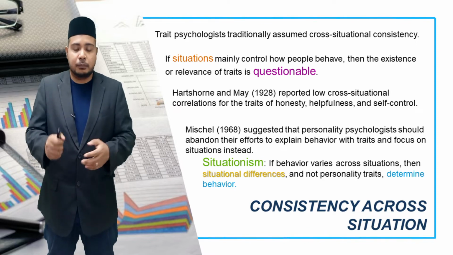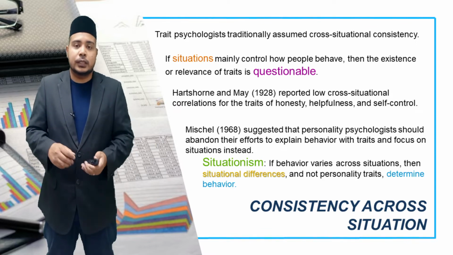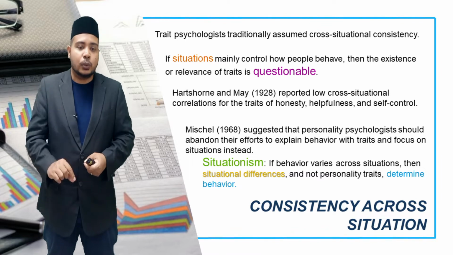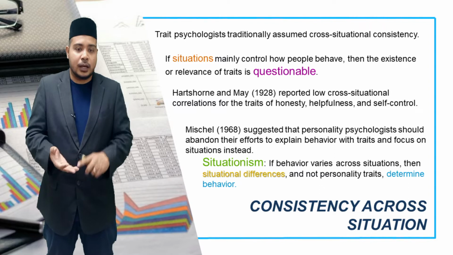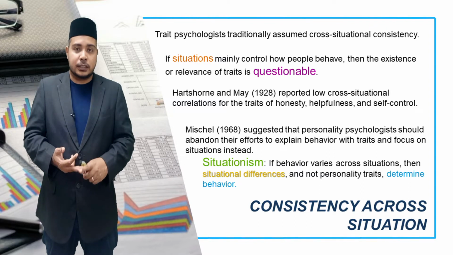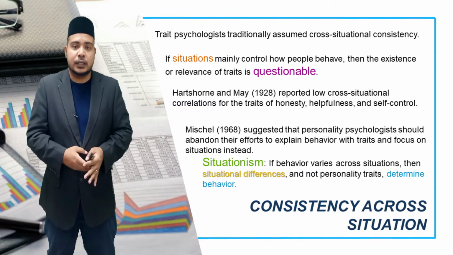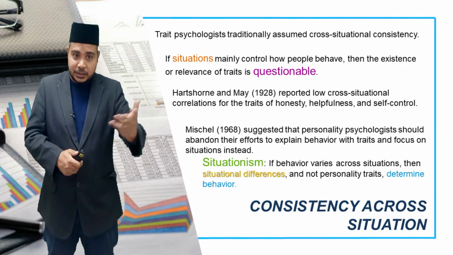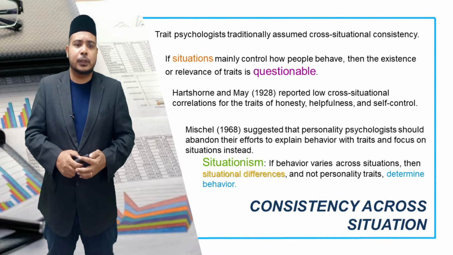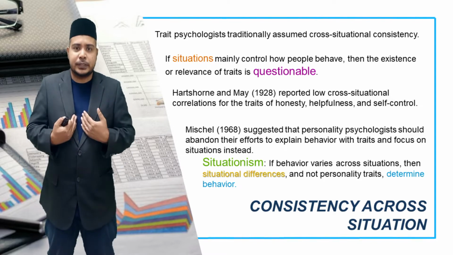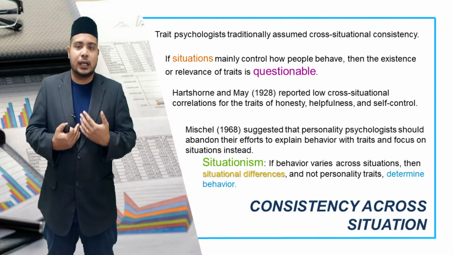Hartshorne and May in 1982 reported low cross-situational correlations for the traits of honesty, helpfulness and self-control. So there is evidence whereby researchers found that personality traits may not necessarily be consistent. Sometimes they are changeable.